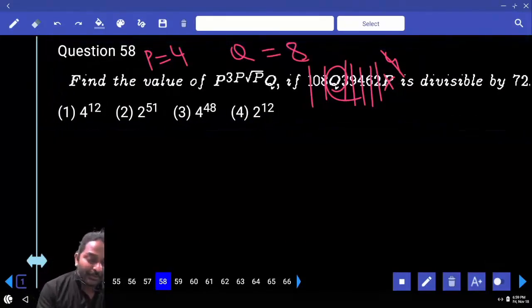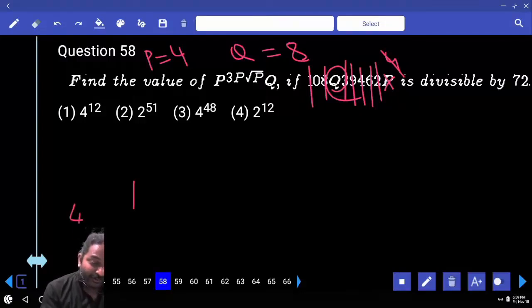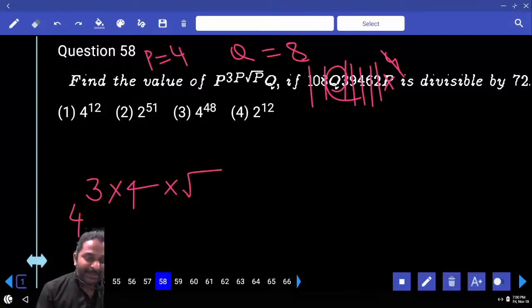Now, P value. The expression is P cube, into P to the 4, into under root of P, and Q.